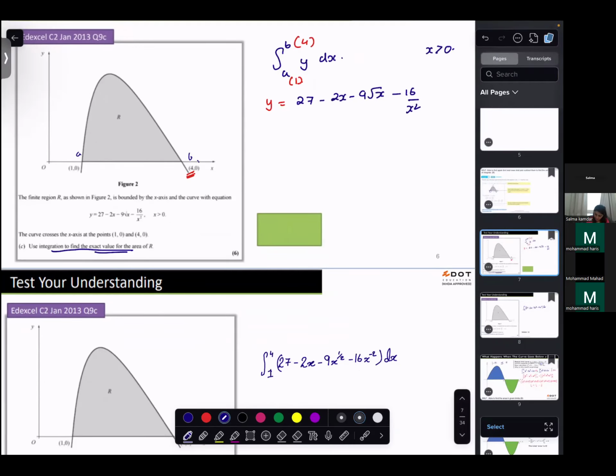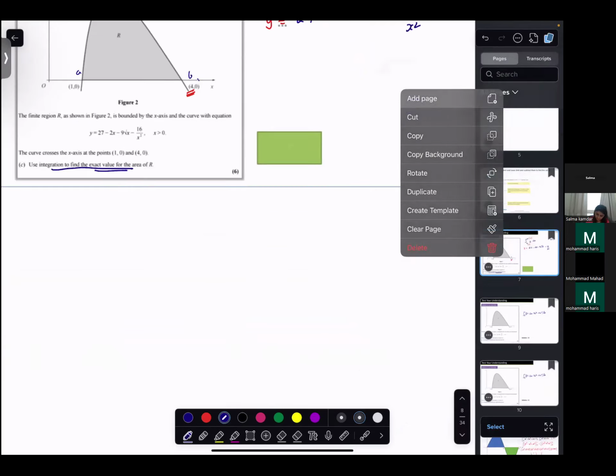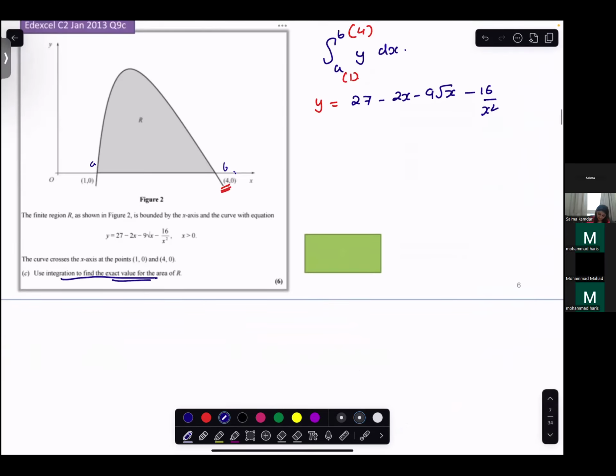So first thing before I go to integration, I would put this in index form. How would I put this? It's going to be 27 minus 2x minus 9. Root x is what? Root x is just x to the power 1 by 2, x raised to half. How do we write 16 over x square? 16 by x square, so we're going to write 16 x to the power minus 2.